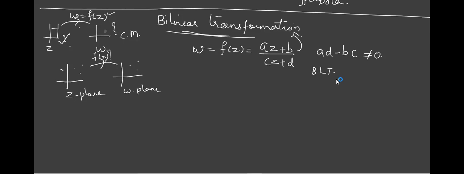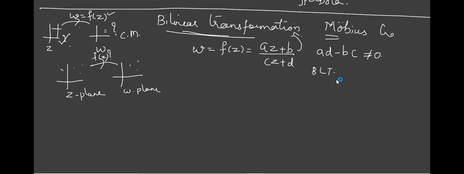Understood? Now a, b, c, d may be real numbers or complex numbers. No problem. Usually we take them as complex numbers because if you take complex, it includes even the real numbers. Is the definition clear? There is one more name for this, which is Mobius transformation, with two dots on the o.